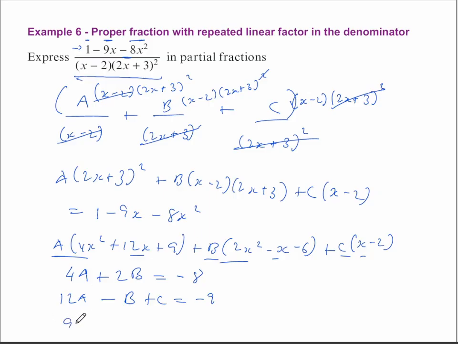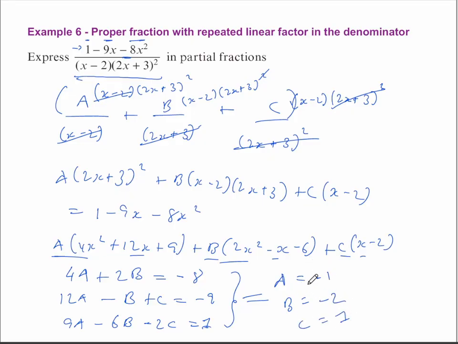Then finally we have 9a minus 6b minus 2c, and that is equal to +1. And this is a triple simultaneous equation. We can solve this as well. Solving this will give us that a is equal to -1, b is equal to -2, and c is equal to +1.